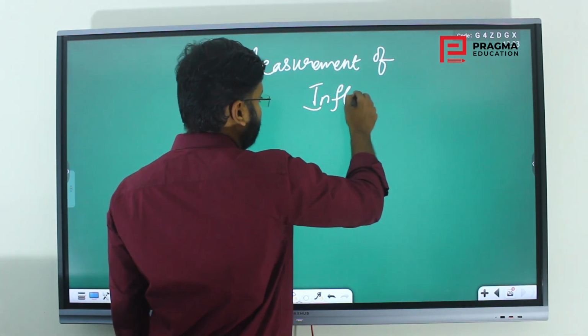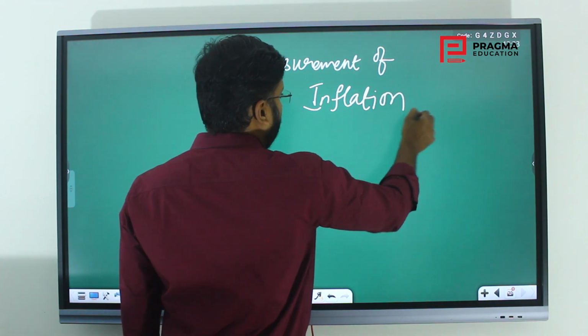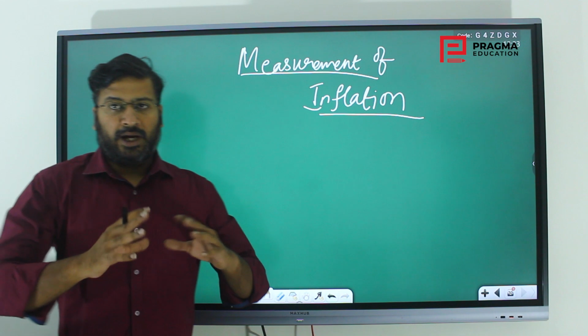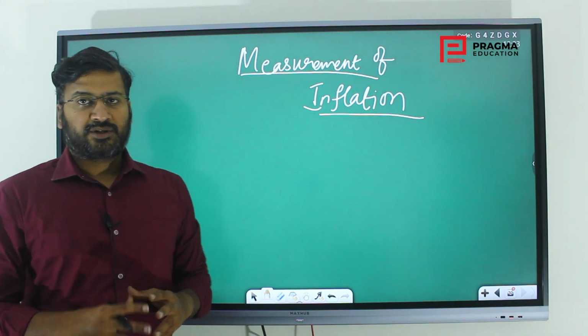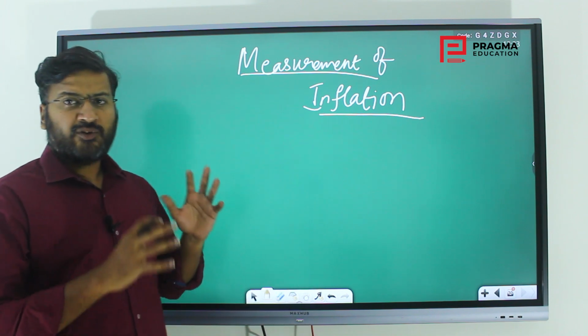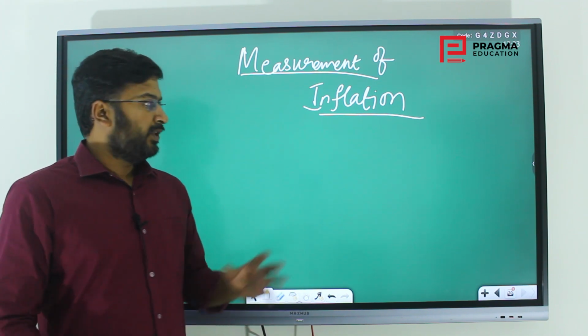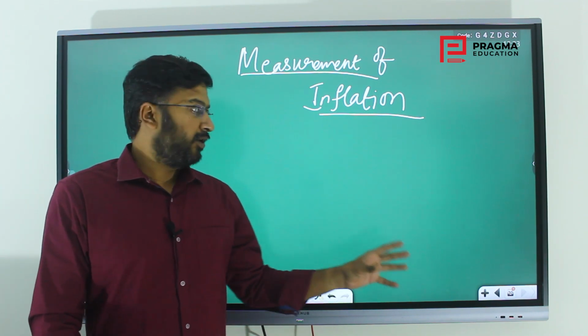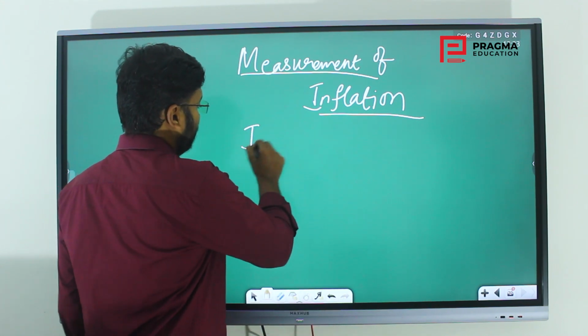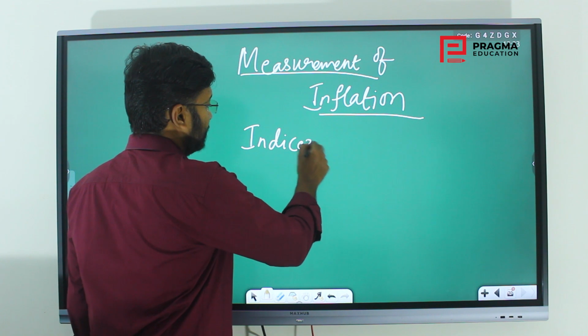Now inflation is there, yes, it is there, and we had looked into the limitations and how economists try to handle the dynamic activity of inflation through supply and demand and everything. So we'll have to measure this now. When this phenomenon is occurring in the economy, we'll have to measure it. So the way of measuring it is through indices.